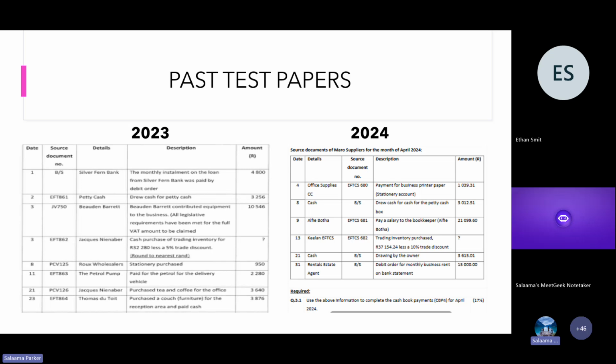But here you will see the layout is a little bit different to what I used in my example activity that I did with you. It's the date, the source document, the details, and then the description, and then the amount. And then again in the 2024 paper, it was the date, the details, and then the source document, and then the description, and then the amount.